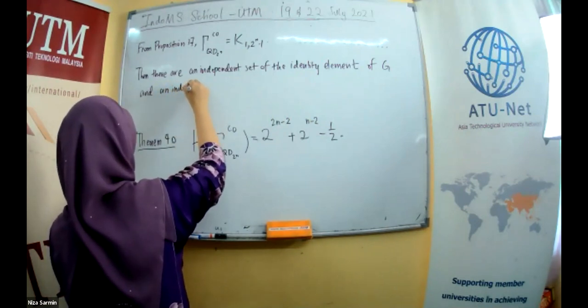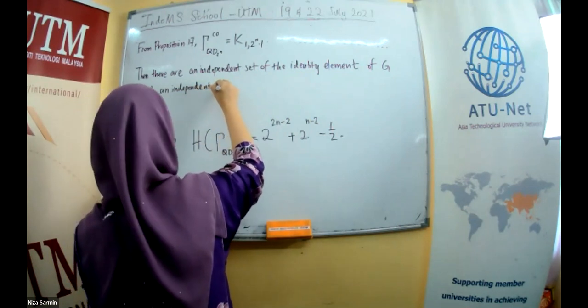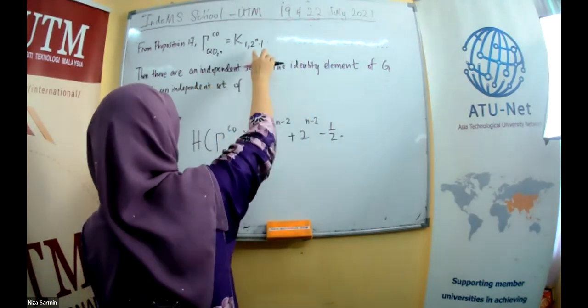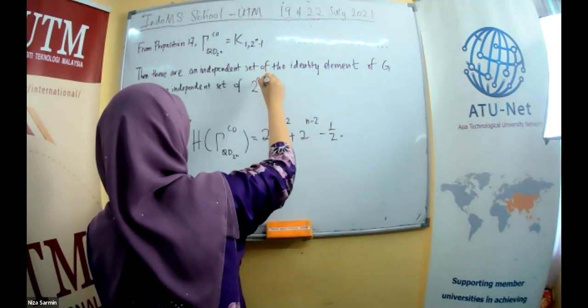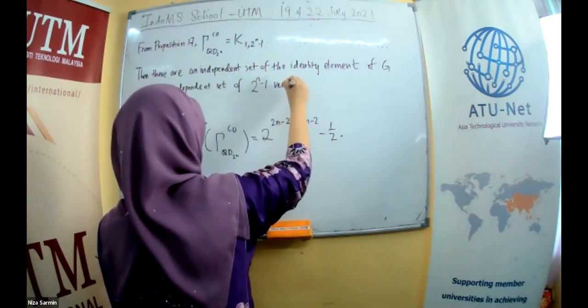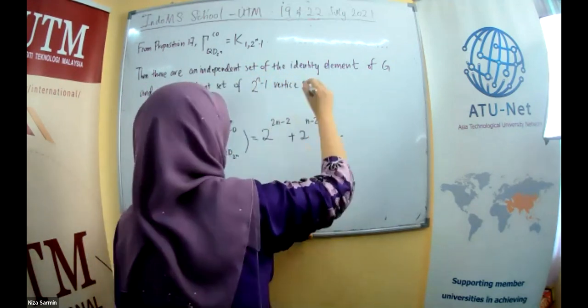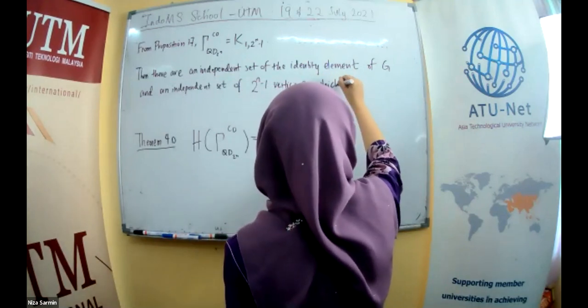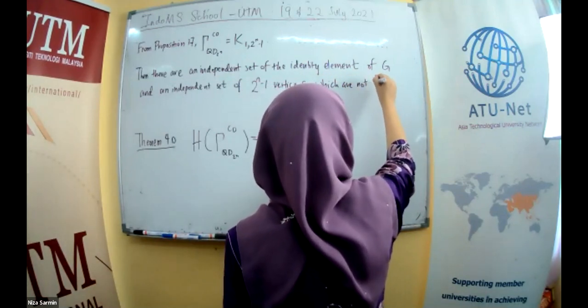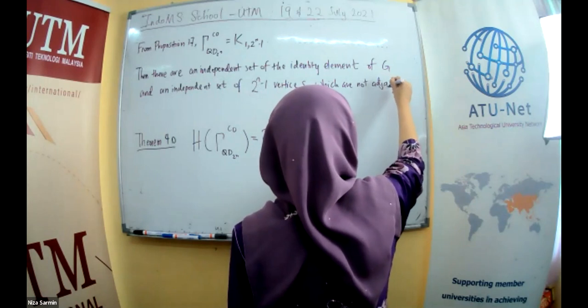an independent set of 2 to the n minus 1 vertices, which are not adjacent, right?